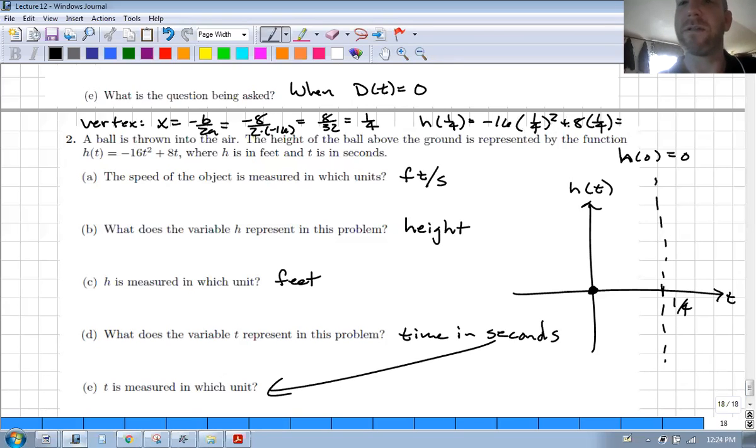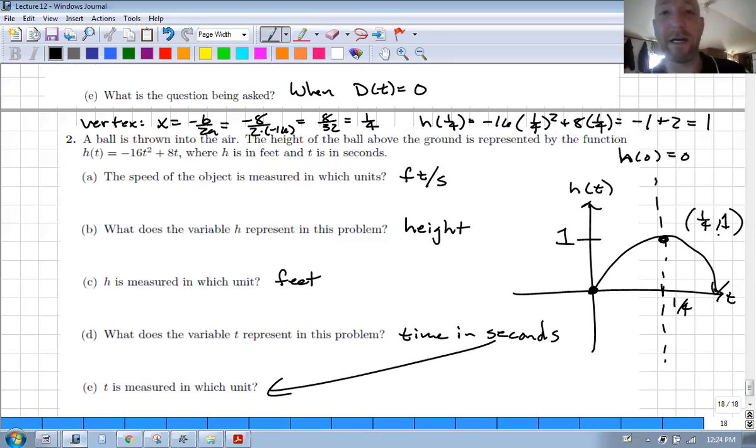So this is negative 1 plus 2 is 1. It's going to look like that. So at 1/4 of a second, you're going to be at a height of 1 foot.